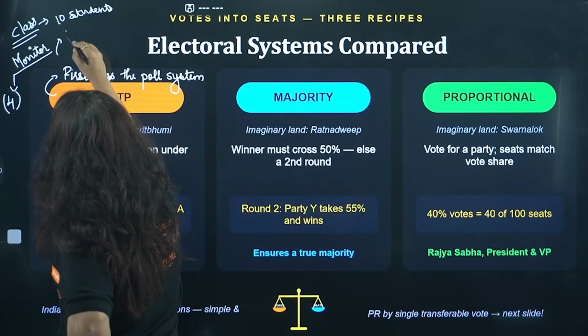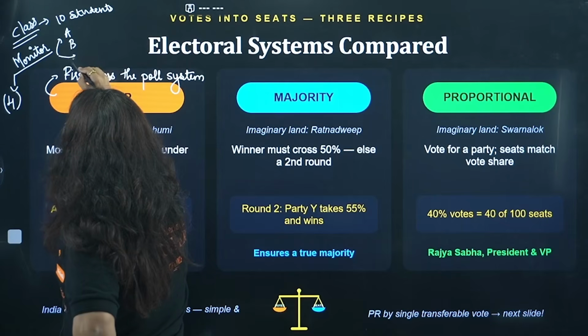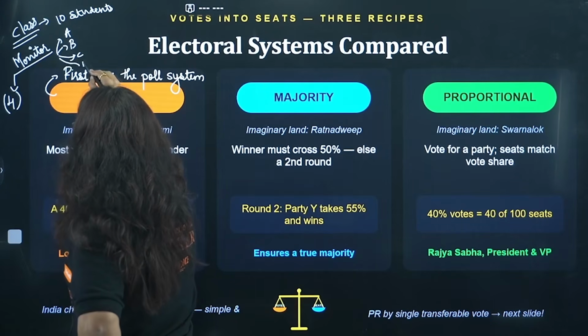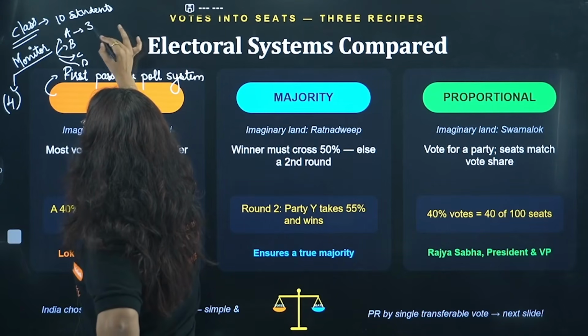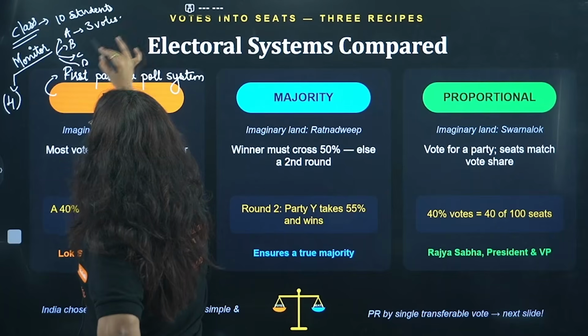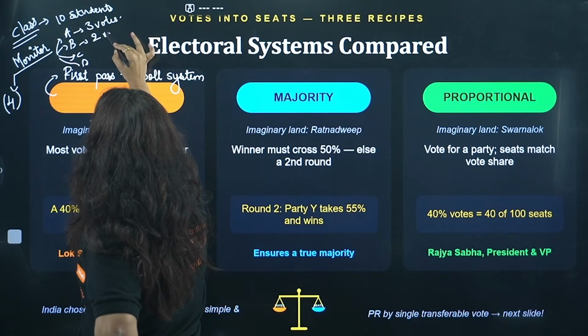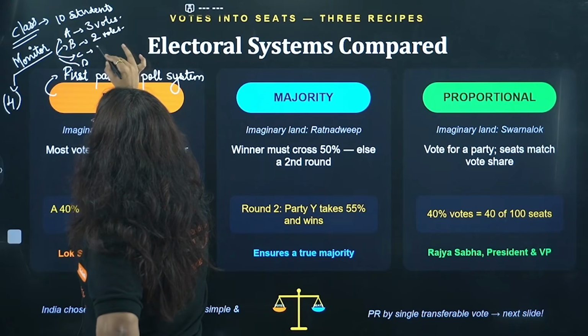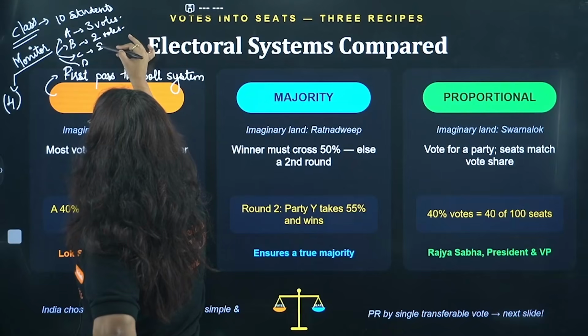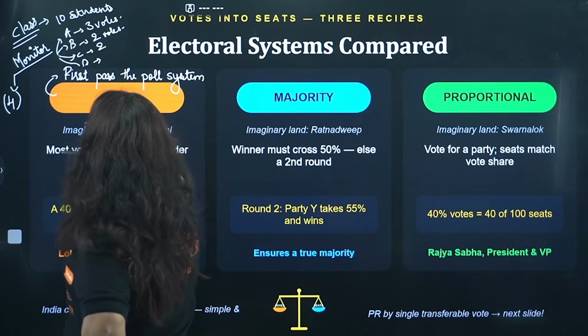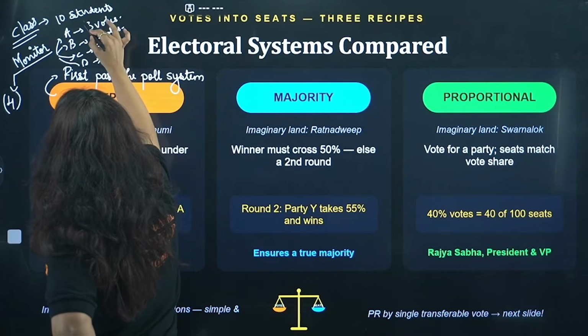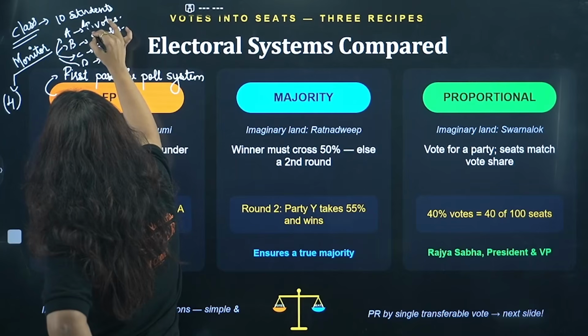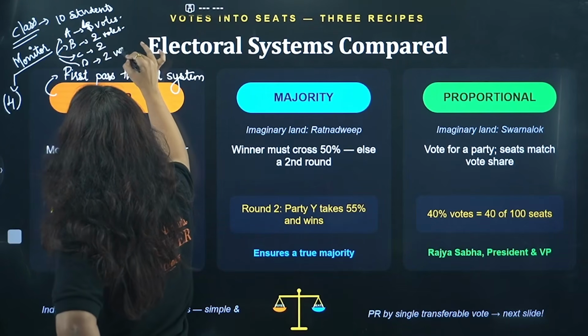I am saying that there were students A, B, C and D. Among these, A got 4 votes. I made a blunder earlier because my calculation was wrong, so sorry. The rest of the students got 2 votes each.